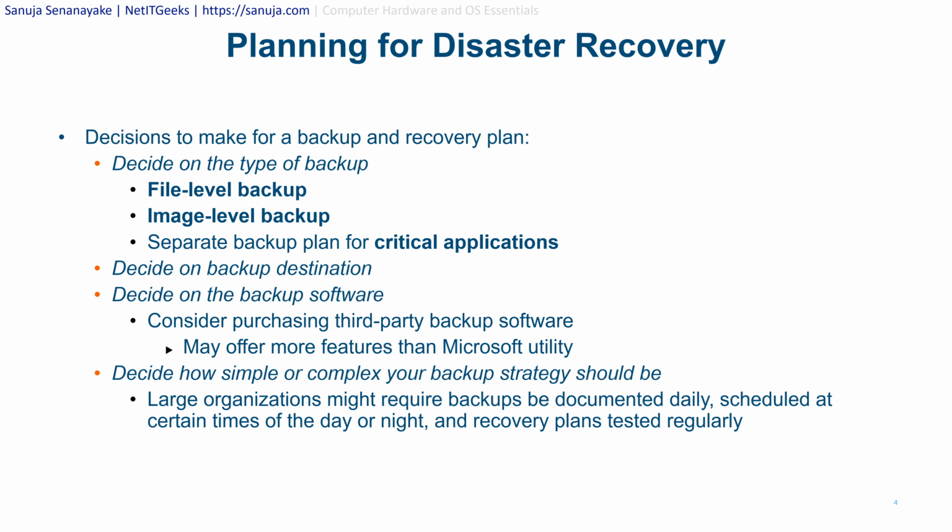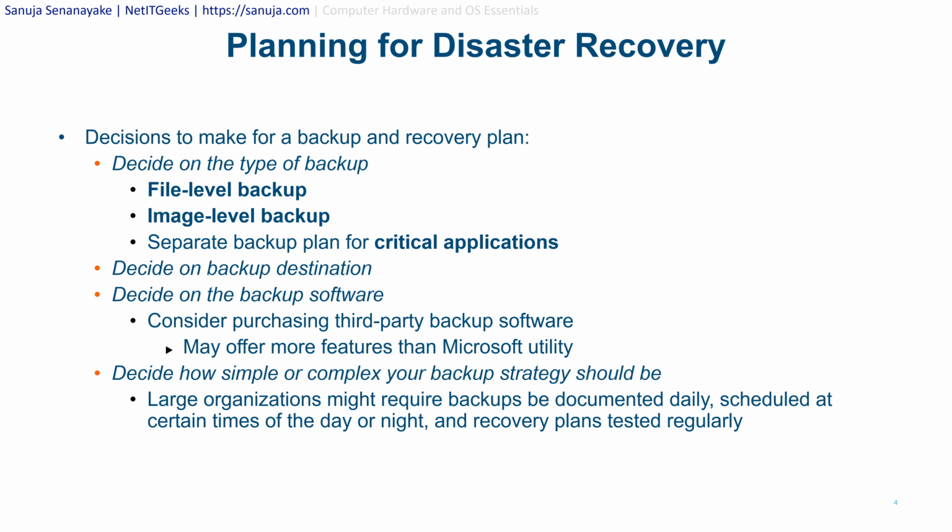Don't put the same backups in the same building, because that would be a bad idea. For example, if there's a fire in the building, if you have a file level and image level backup of your server and your user clients in the same building, what's the use? You can't get access to that because it got burned down too, right? So maybe you should think about remote backup.